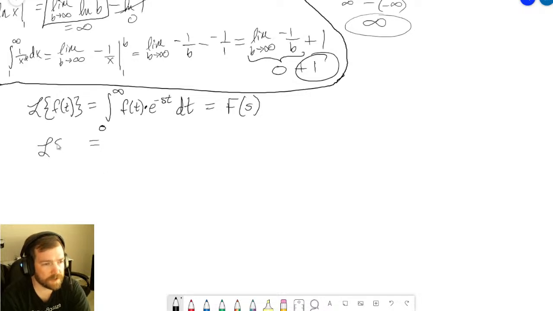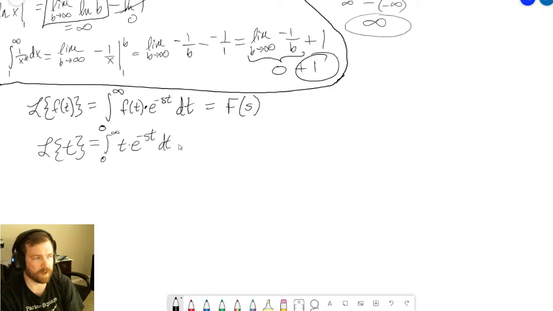So for instance, the Laplace transform of just t is going to be the integral from 0 to infinity of t times e to the negative st dt, which again, we're going to be doing integration by parts on this. You can't do u substitutions or anything like that. It's just not going to work.